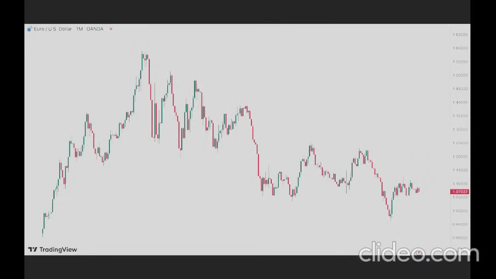Let me use this tool to demonstrate or to show how the market moved by marking these lows and lower highs.